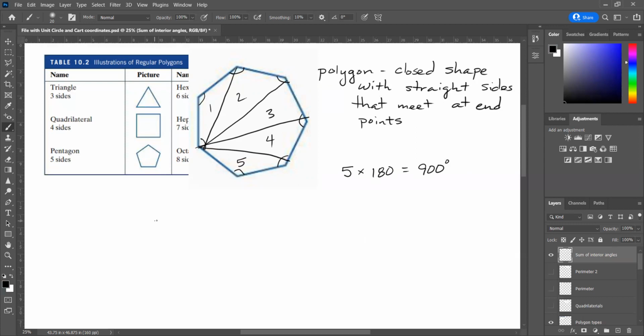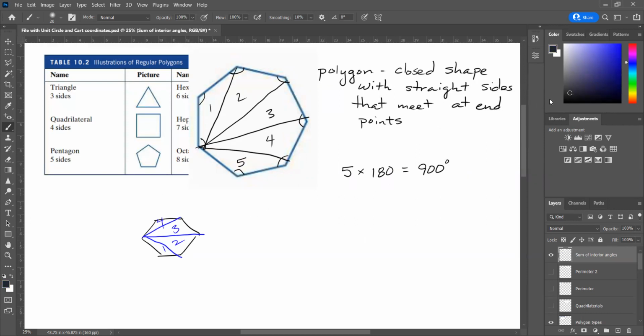Let's do a hexagon. Those are kind of fun. So that has 6 sides. I'm going to go ahead and draw some triangles. There's 1, 2, 3. So I've got 1, 2, 3, 4 triangles.